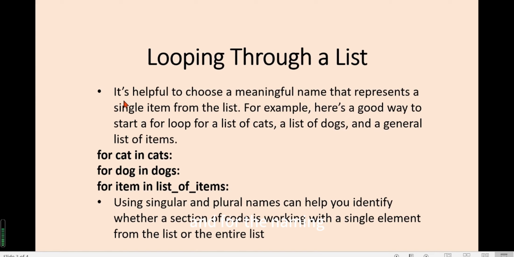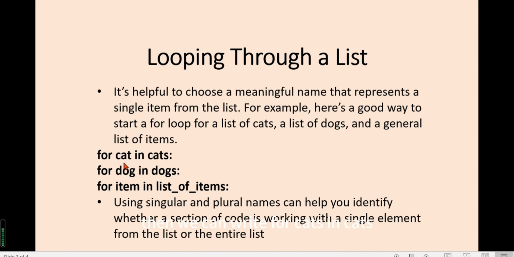And for the naming, it is helpful to choose a meaningful name that represents a single item from the list. For example, here is a good way to start a for loop for a list of cats, a list of dogs, and a general list of items. If there's a list called cats, we will do a for loop for each item in cats.